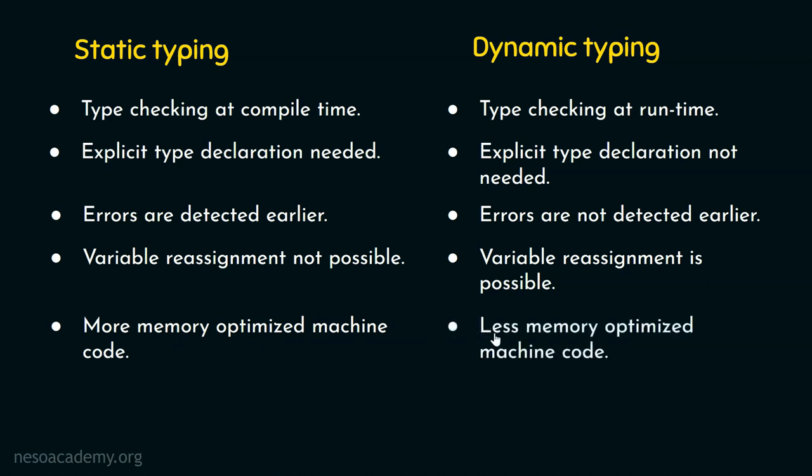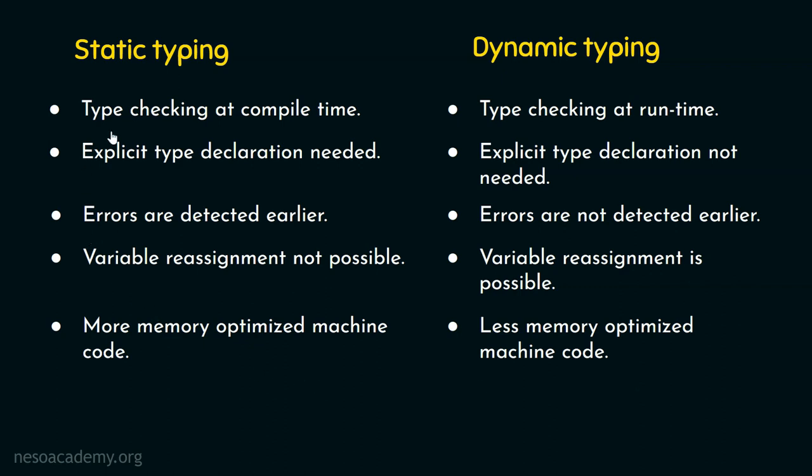Whereas, in case of dynamic typing, less memory optimized machine code is produced. The computer comes across the type of the data that we need in the program at execution time and accordingly calculates the memory for them. Eventually, the total memory needed by the program is also calculated at runtime, resulting in less memory optimized machine code.